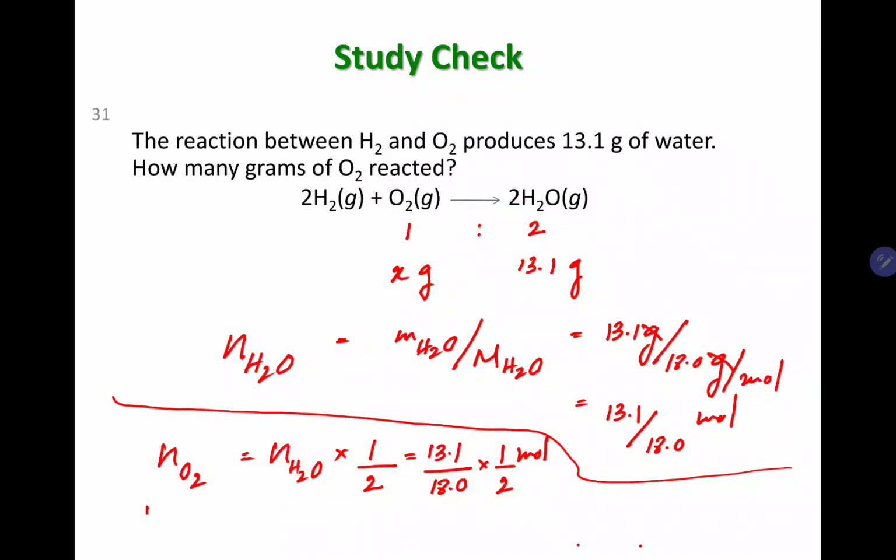Let's convert that into mass of oxygen. How do you get the mass of oxygen? You multiply the number of moles of oxygen by the molar mass of oxygen, which is 32. So you already have 13.1 divided by 18.0 times 1/2 moles. This is what you have, and you will multiply it by the molar mass, which is 32.0 grams per mole.